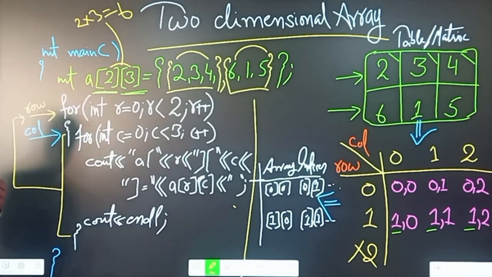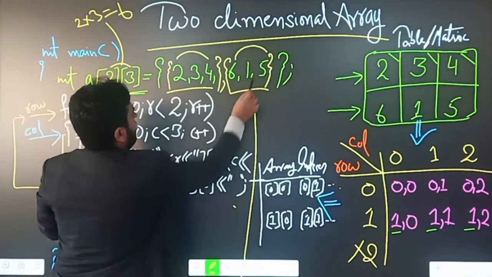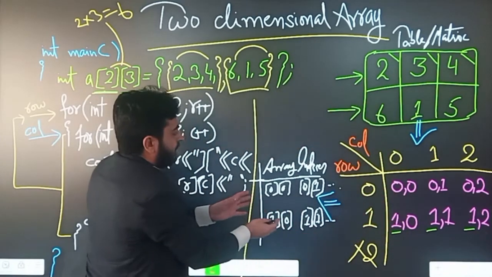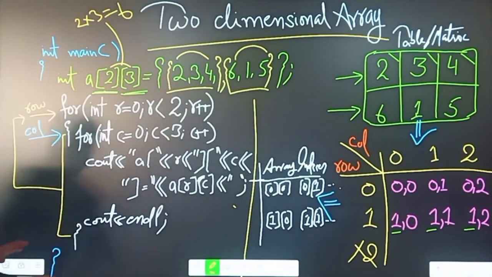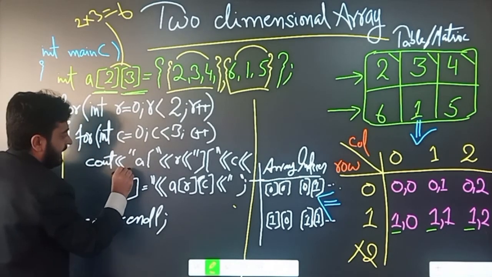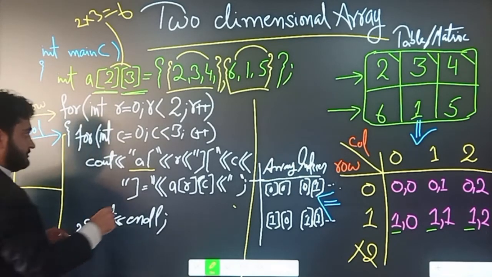Okay, inside the inner loop we have a single line statement. Okay, so in this statement we are going to access each element of the array. And this is the visual representation, okay? How can we access? We are going to print the a and square bracket as it is.